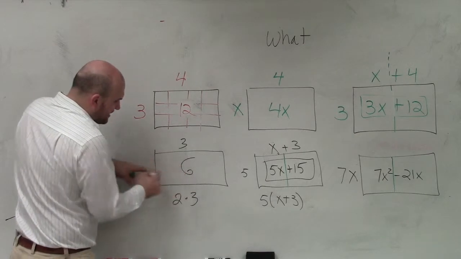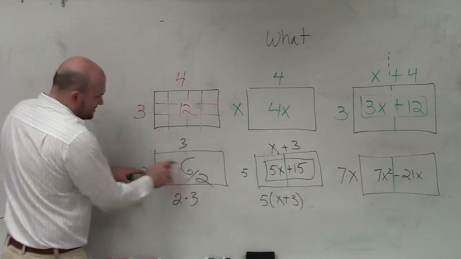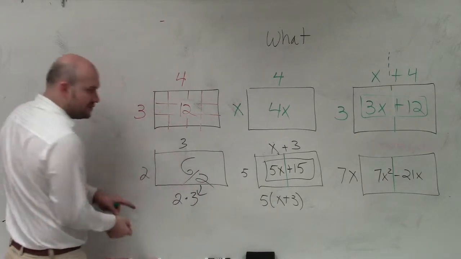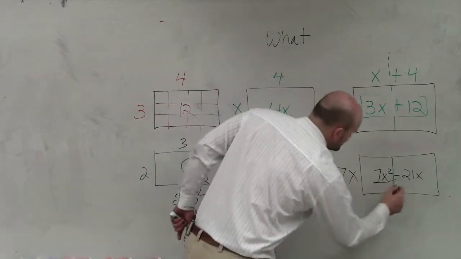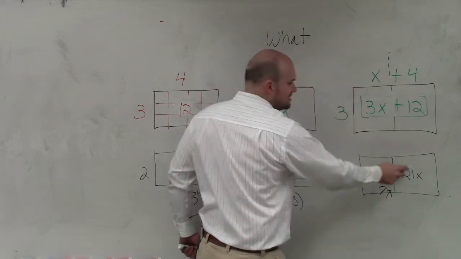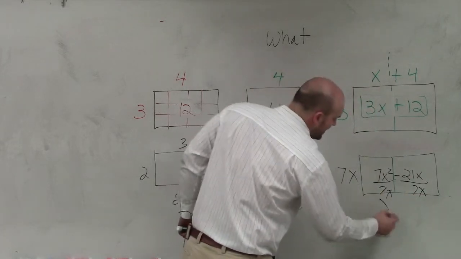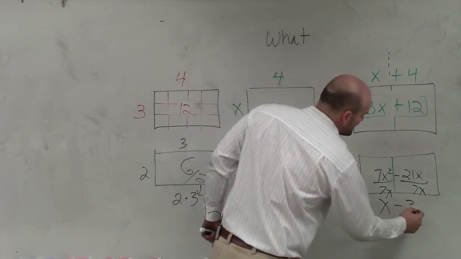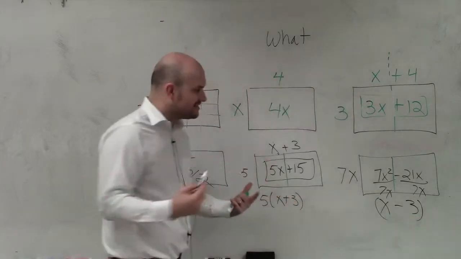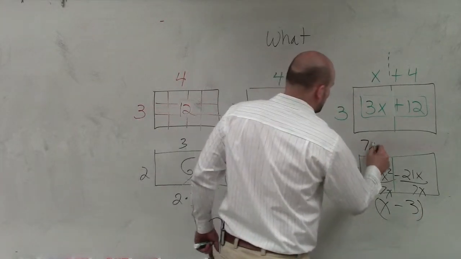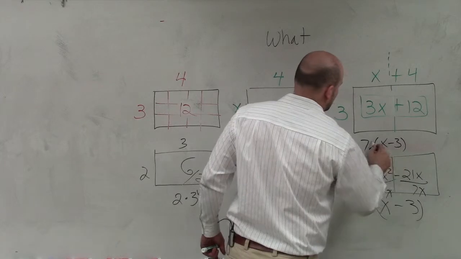To find 3, you take 6, divide it by 2, and guess what? You get 3. So I'm going to take 7x squared and divide it by 7x, and take negative 21x and divide it by 7x. When I do that, I'm left with x minus 3. So to factor this, I have 7x times x minus 3.